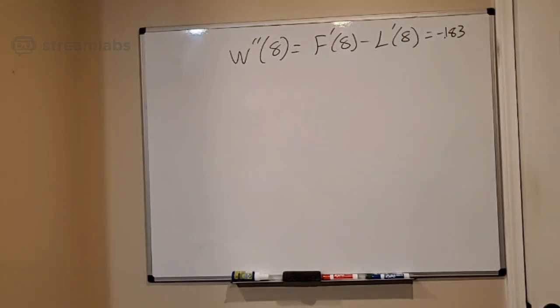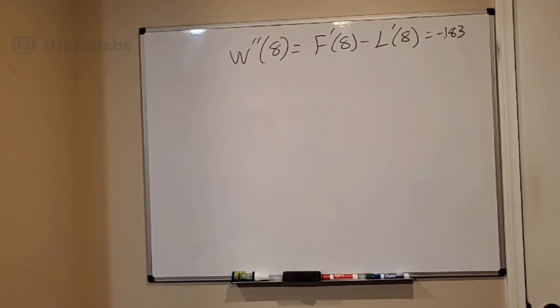So if W is the volume, W prime is the rate at which the volume is changing. And then do another prime, which means another derivative, so it's another rate. So it's a rate of a rate, but we got to mention it properly. So it is the rate at which the rate that the volume is changing is changing. So it's very wordy, very weird, and I hate when they ask these questions, to be honest. But it's the rate of the volume changing.